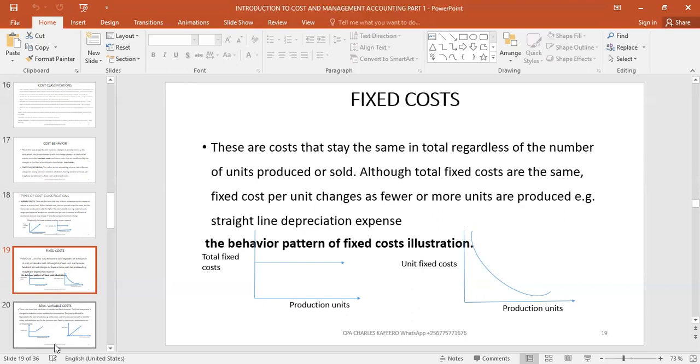The total fixed cost, we say it is constant at all levels of production.